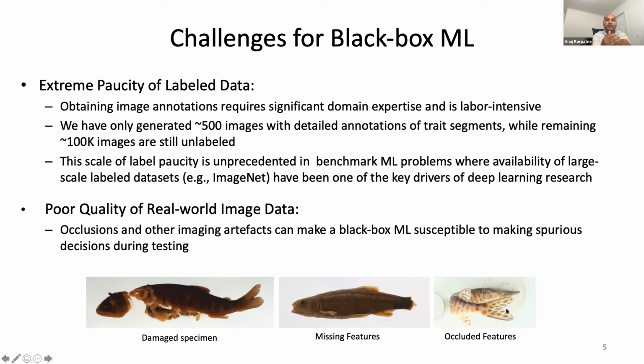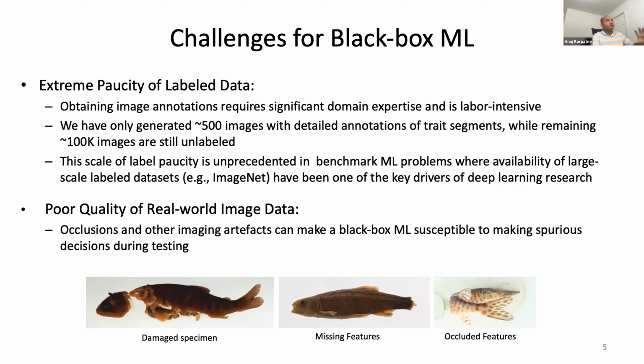For example, a fin of a particular fish may be folded, or maybe the entire fish is folded, or maybe the image was taken vertically, not horizontally. Right? Now, all of these data quality issues further exacerbate the problem of poor generalization performance of black box machine learning methods, that in the presence of these quality issues are susceptible to making spurious decisions.